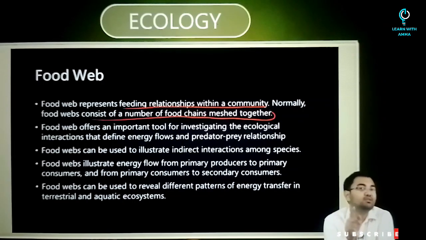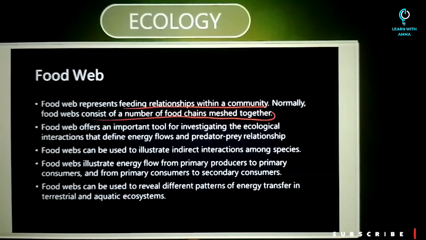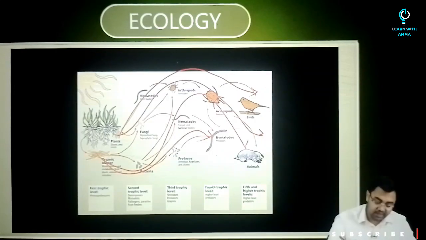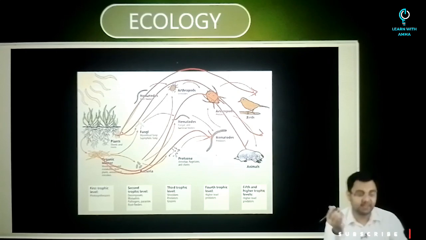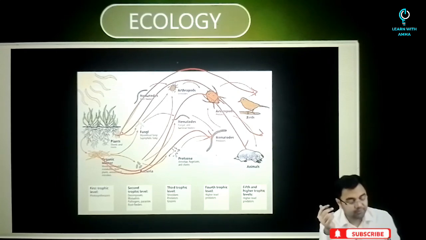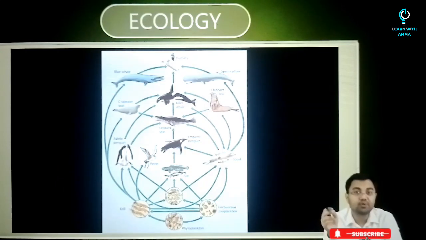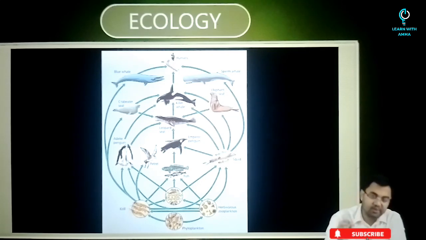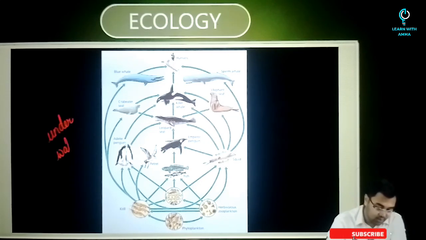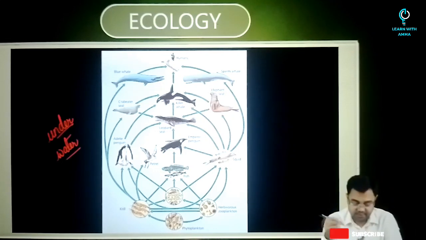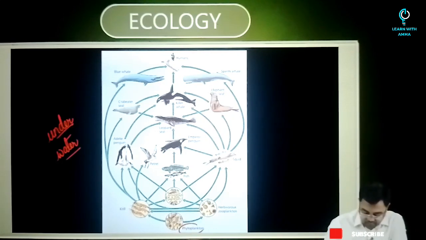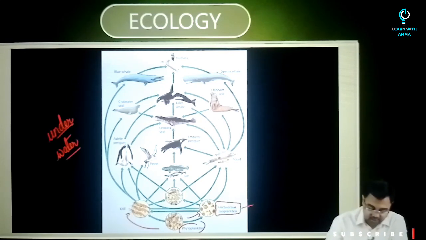But this doesn't happen in real life. There can be a number of food chains that exist, and this number of food chains is called a food web. If you look at this particular picture, this is a food web from the ocean. What do you see here? You see that one phytoplankton can be consumed by two different kinds of organisms. It can be a herbivorous zooplankton, or it can be a krill.